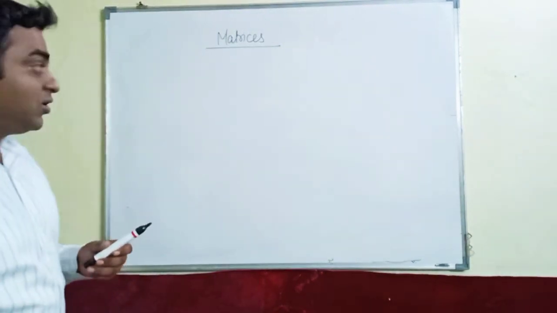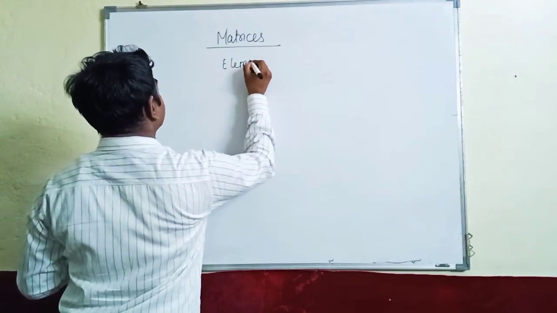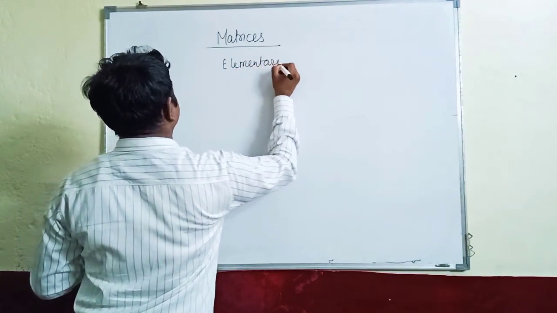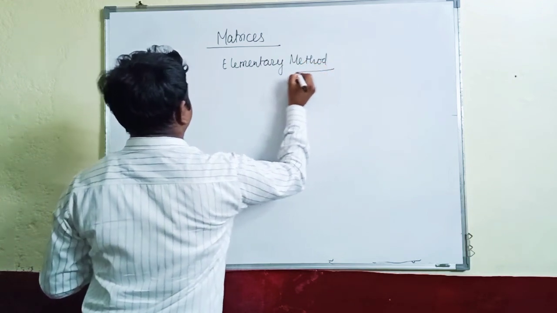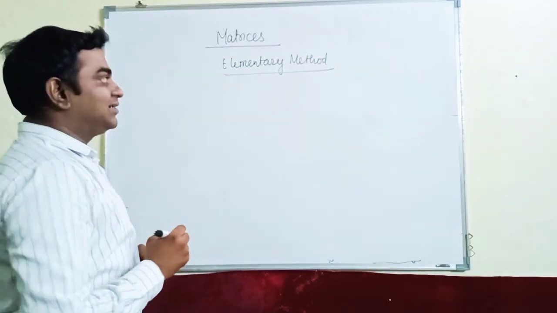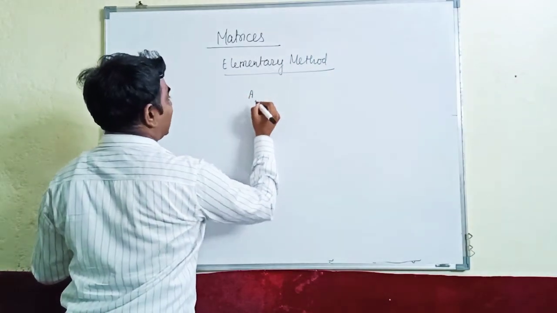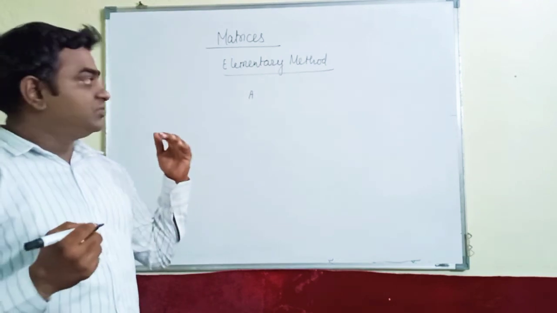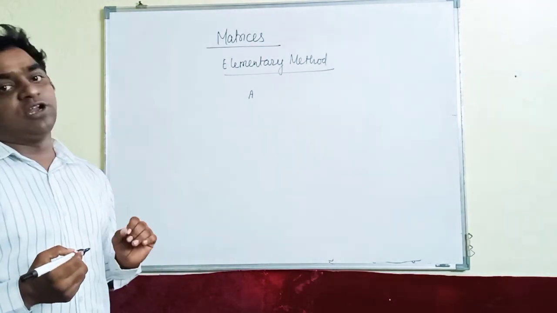So we are going for the elementary method in this chapter. In the elementary method, we have to operate on the equation in the form of rows or in the form of columns only.